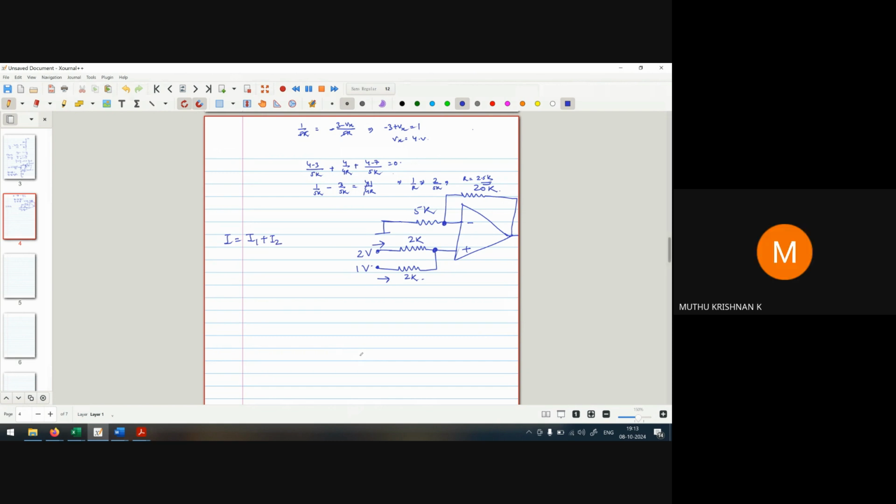I1 is 2 upon 2K plus I2 is 1 upon 2K. That is 1 milliamp plus 0.5 milliamp. So the current I is 1.5 milliamp. Okay, now what? Or you can check.